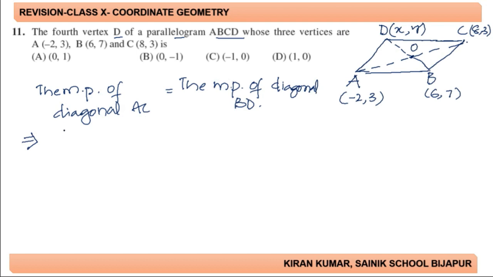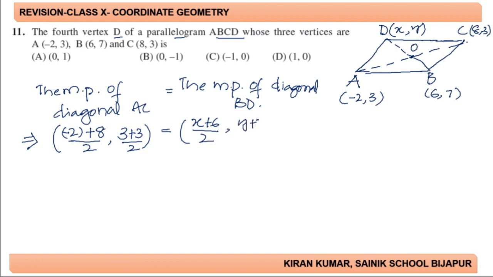So let's use the formula and find the midpoint. It is the sum of the x coordinates by 2, that is (-2 + 8)/2, (3 + 3)/2, which is equal to ((x + 6)/2, (y + 7)/2).